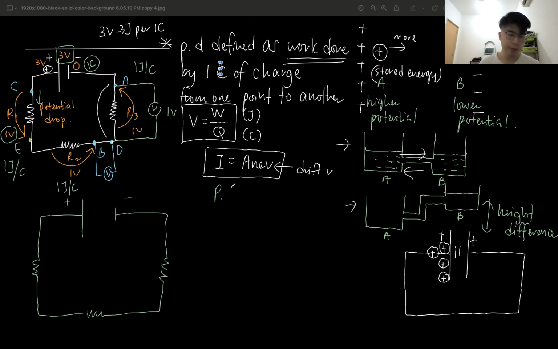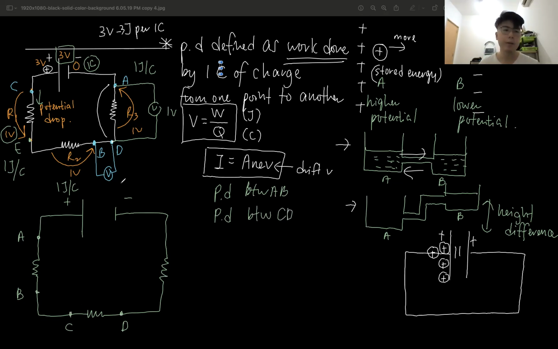So potential difference at any 2 points. Let's say if I take this point A and this point B, and calculate the work done, then I get the potential difference between A and B. If I take this point C and this point D, and calculate the work done over here, then I get the potential difference between C and D.